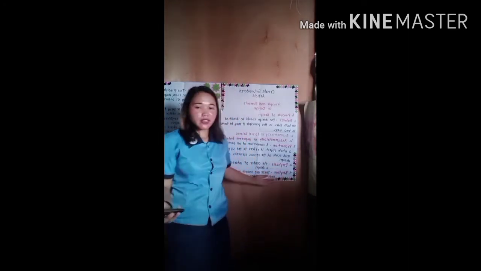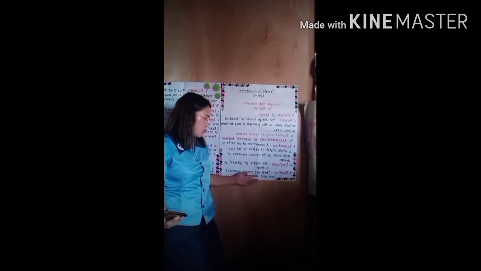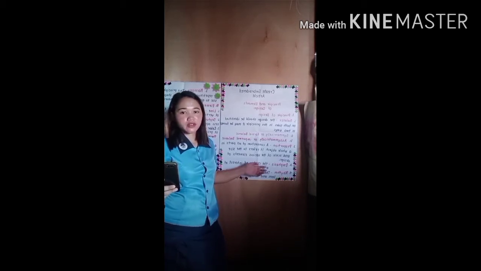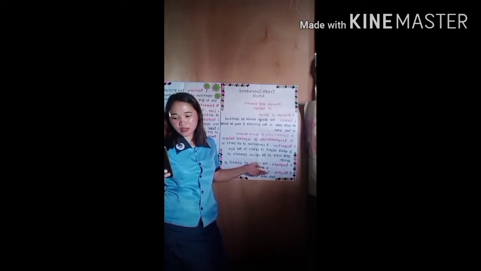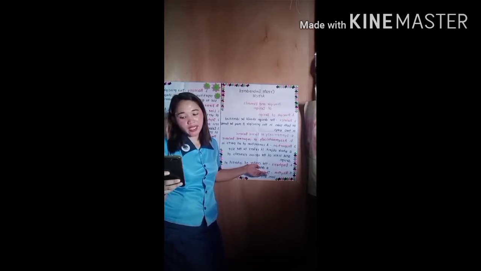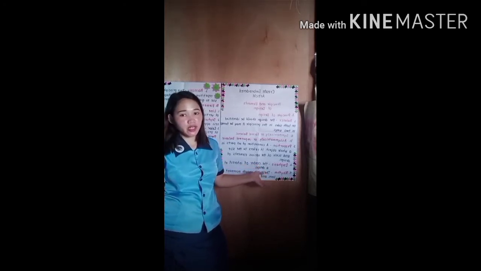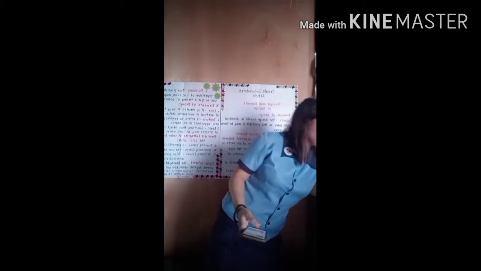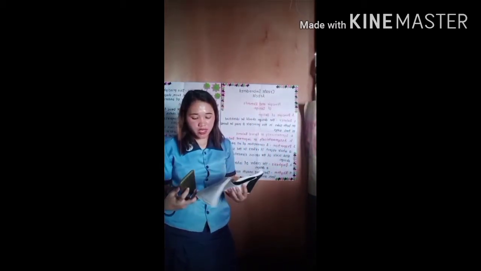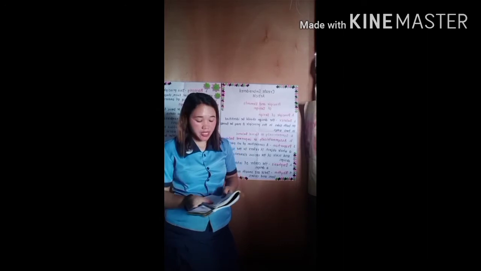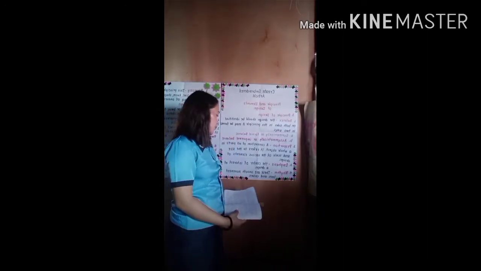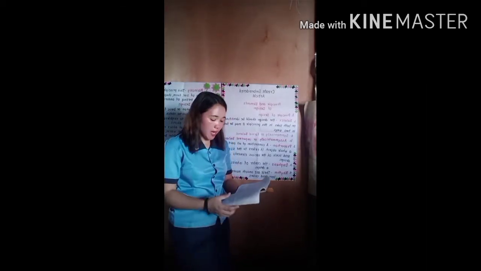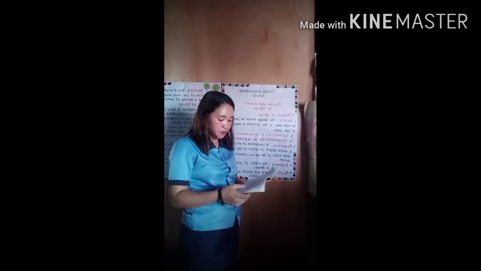The next one is rhythm. Rhythm is the smooth movement of lines and color. Rhythm has three ways in a design, which are radiation, graduation, and repetition.